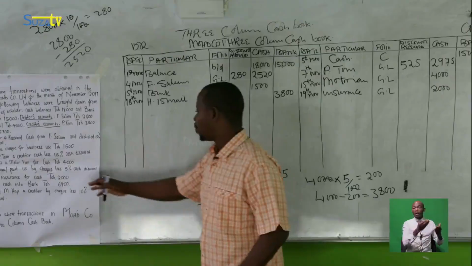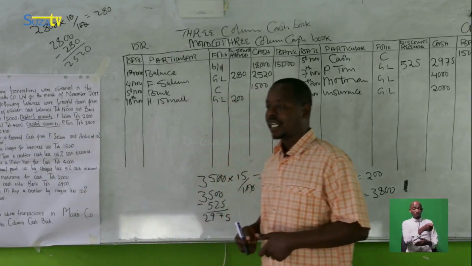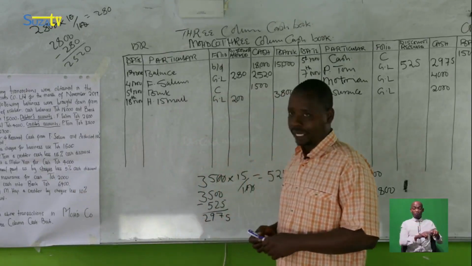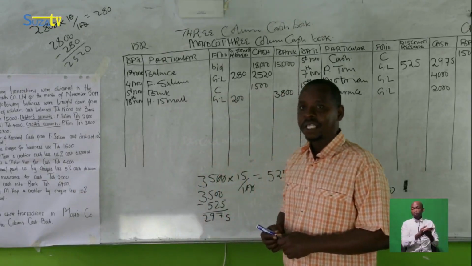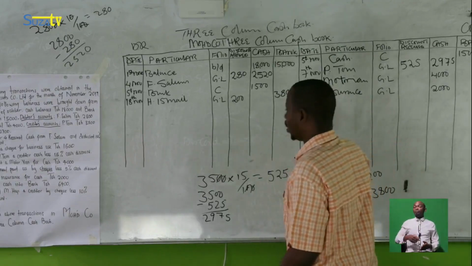The owner of the business draws money from the cash and deposits it to the bank. Means that the owner, in which date?